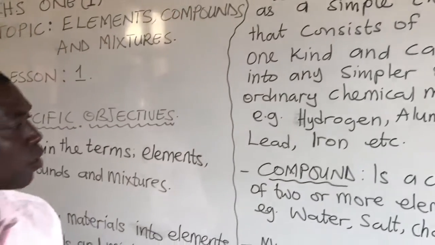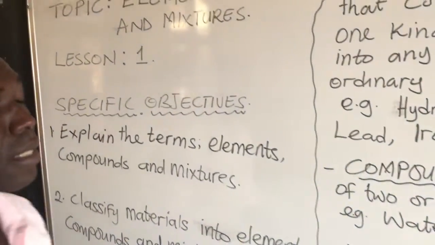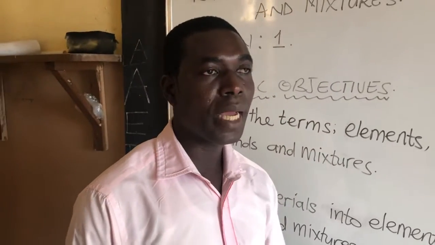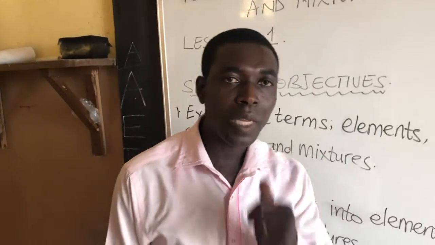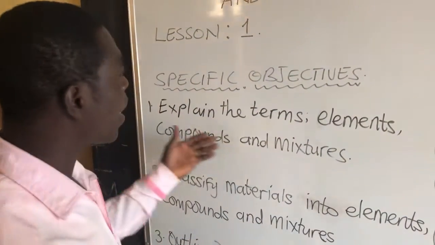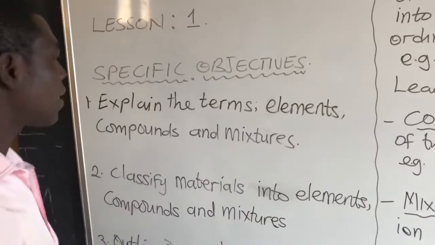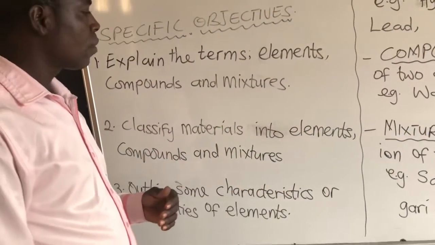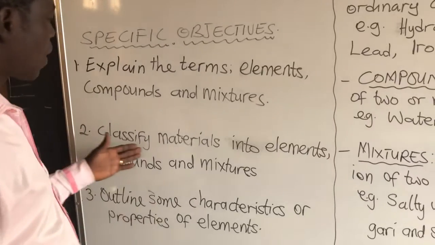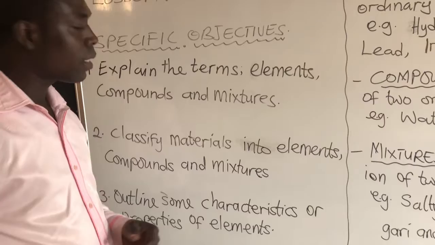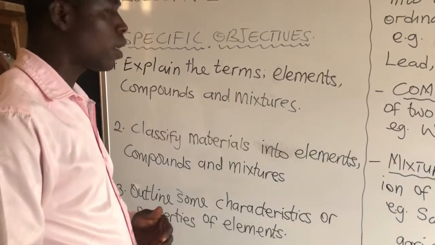Now before then, we are expecting something from you at the end of the lesson, and therefore I'll continue to urge you to pay attention so that by the end of today's lesson you should be able to explain the terms elements, compounds, and mixtures. Two, you should be able to classify materials into elements, compounds, and mixtures as well.